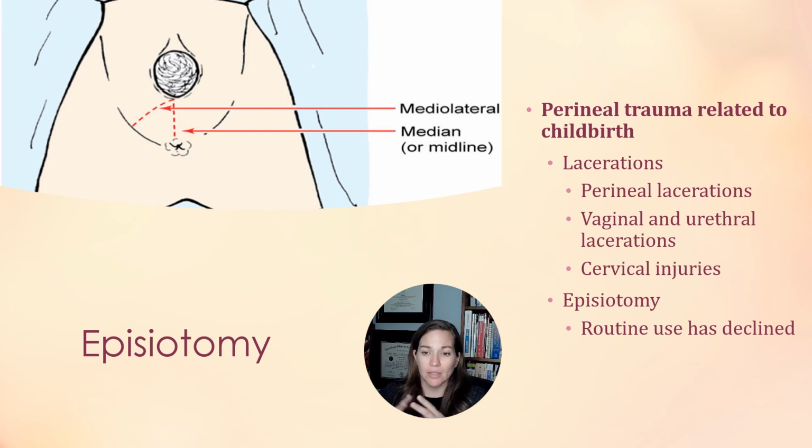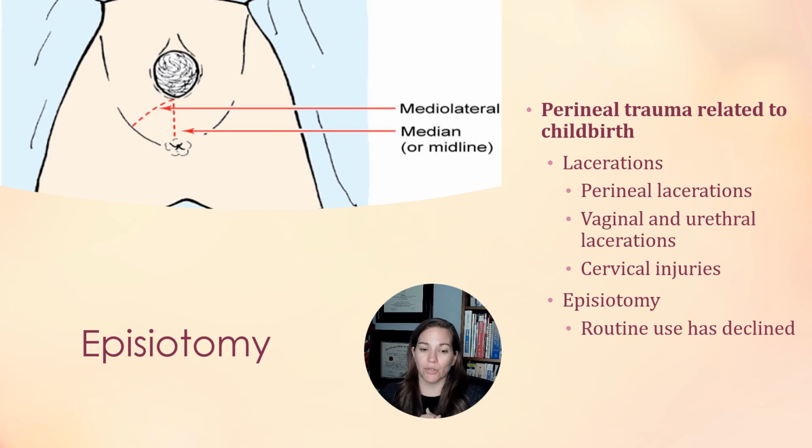Other lacerations include vaginal, which of course would be, instead of the perineum, which is the external area between the vagina and the rectum, vaginal goes the length of the vagina, going internally. Those can be difficult to detect, and so can cervical injuries.